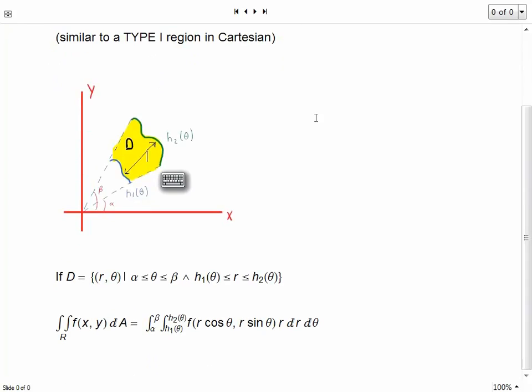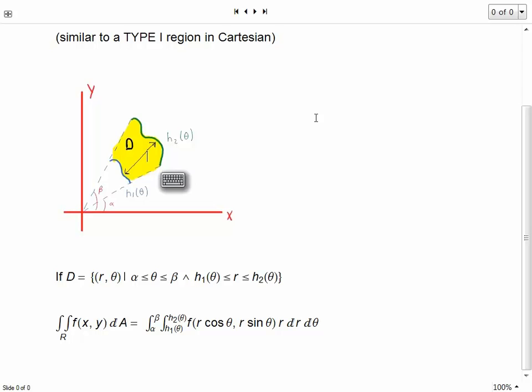If you do have a region like that, then here's what your double integral looks like. Your theta is between two constants. Your r is between two functions of theta. Take careful notice of this double integral. I've got alpha, beta in my outer because those are the ones being held constant. The inner ones are my variable functions.